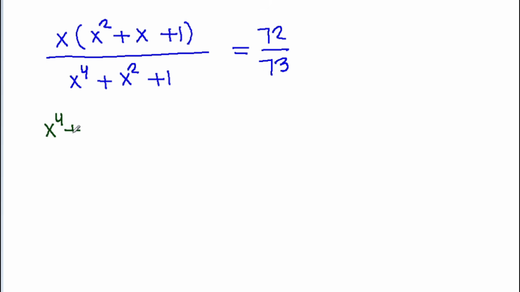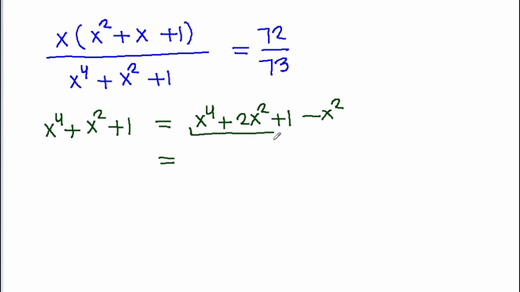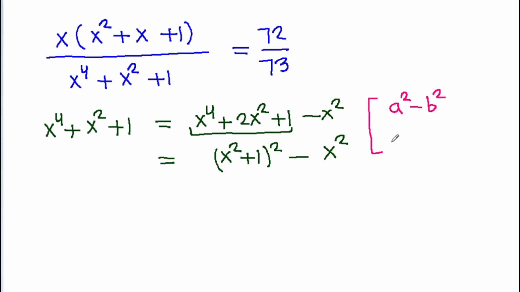And x^4 plus x squared plus 1 is x^4 plus 2x squared plus 1 minus x squared, and this is (x squared plus 1) squared minus x squared, and a squared minus b squared is (a plus b) times (a minus b).